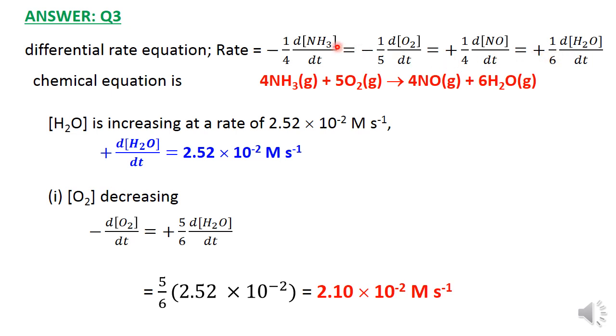This means that the stoichiometric coefficient for each substance is given by the number below, and when it is negative it means it is a reactant, and when it is positive it means it is a product. So we can write 4 of ammonia reacts with 5 of oxygen, becoming the products 4 of NO and 6 of H2O.